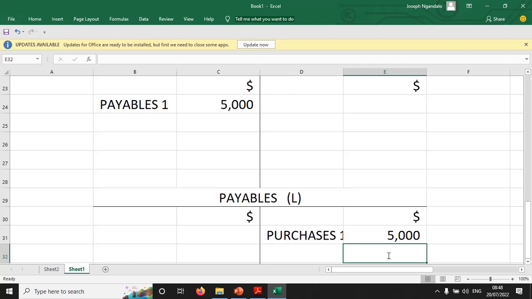You should be opening T accounts on separate spaces. And make sure that you leave yourself enough space in the bank account there, as I've indicated, because we expect the bank account to have a good number of transactions. It's a transaction account.